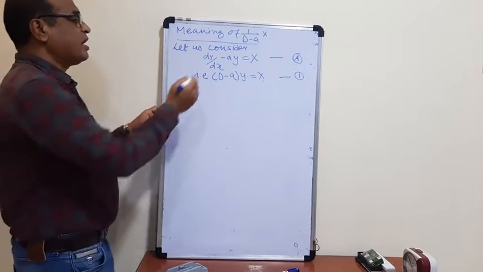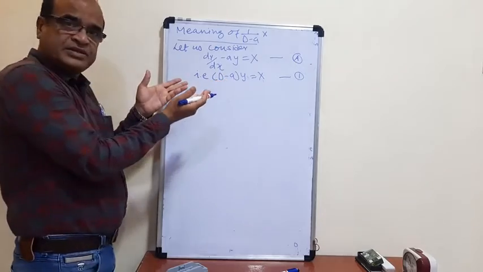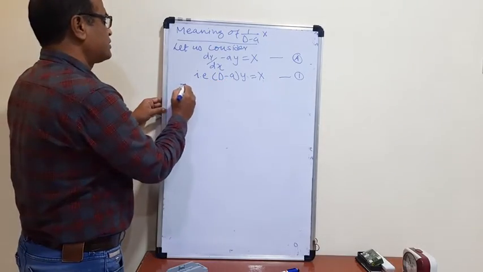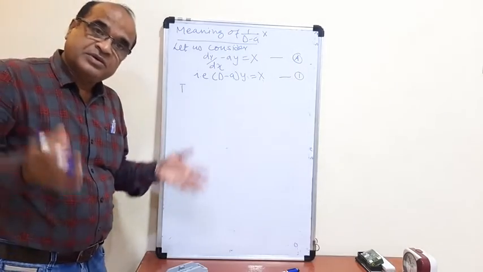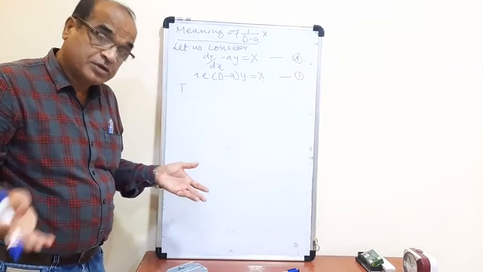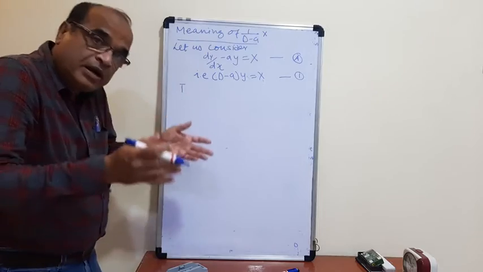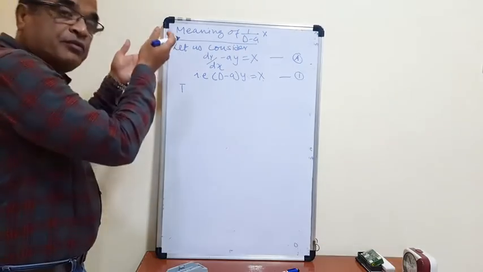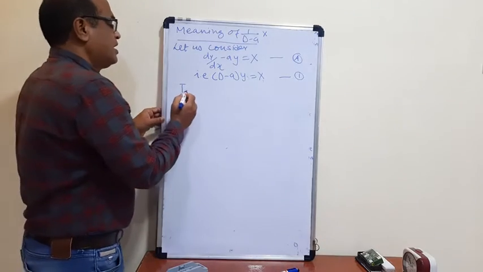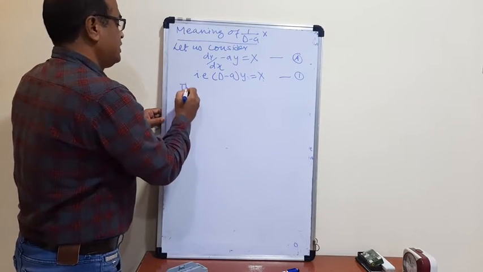So what is the auxiliary equation? The complete solution is the complementary function plus particular integral. So we have to find the complementary function.